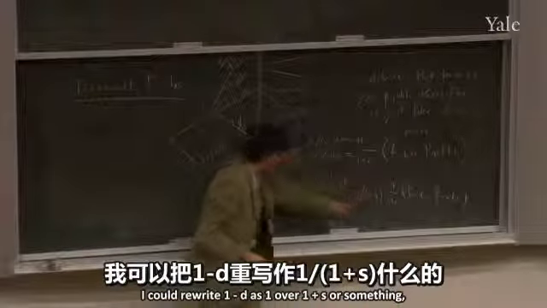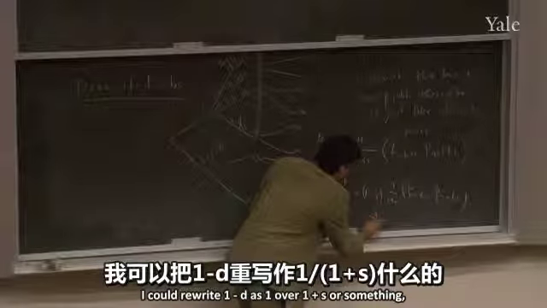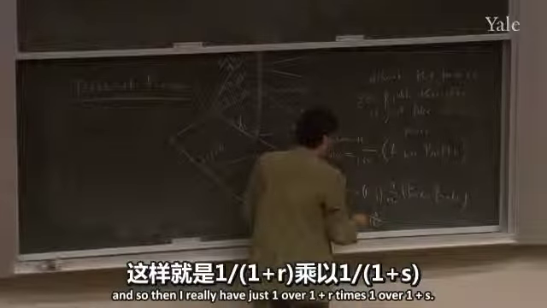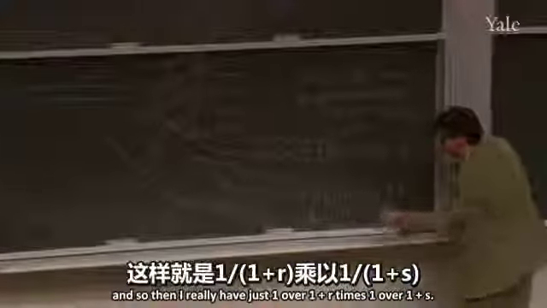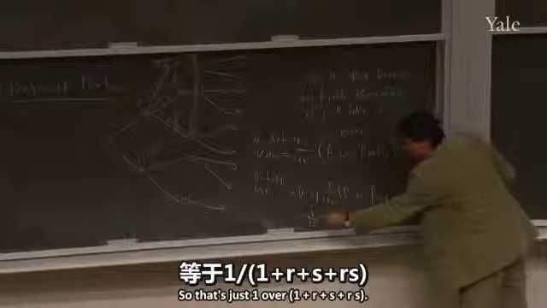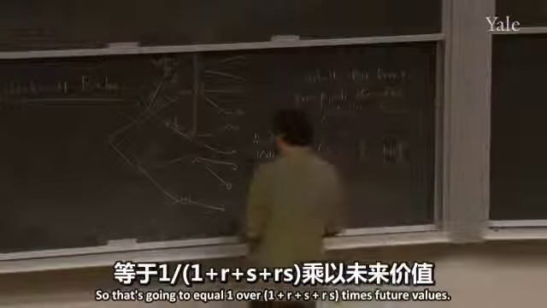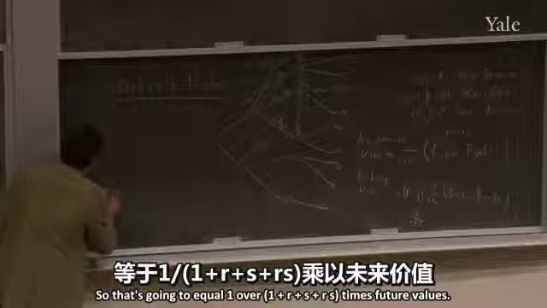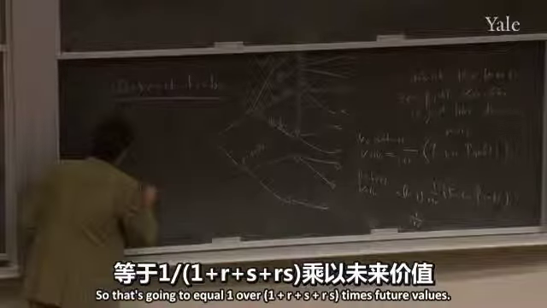But I always could rewrite 1 minus D as 1 over 1 plus S or something. And so then I really have just 1 over 1 plus R times 1 over 1 plus S. So that's just 1 over 1 plus R plus S plus RS, times future values.